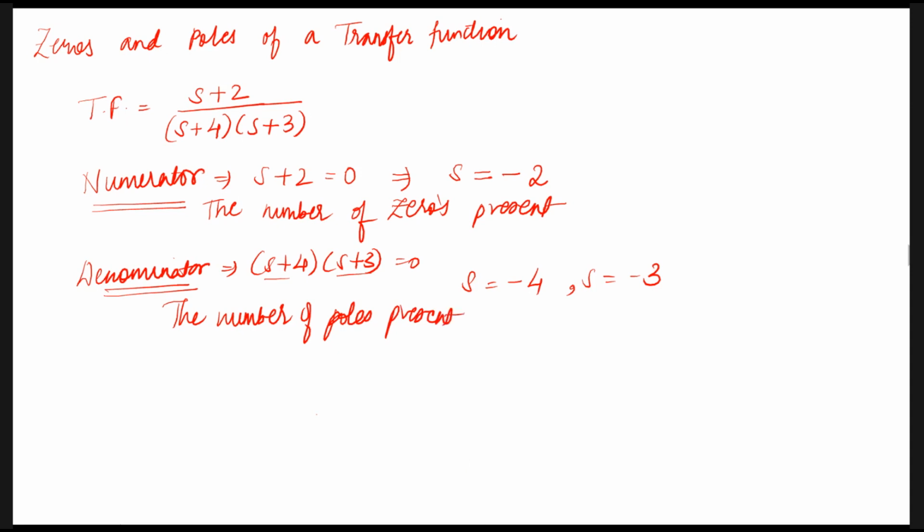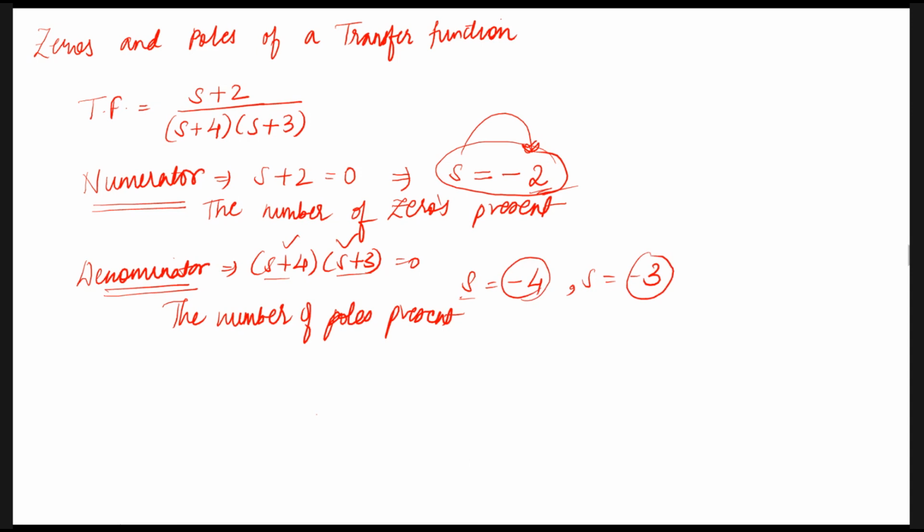And how do we identify which zero and which pole is present? By equating it to 0, we got that this particular zero's value is minus 2, and here we identified that there are two poles, and what are the values? s is equal to minus 4 and minus 3.